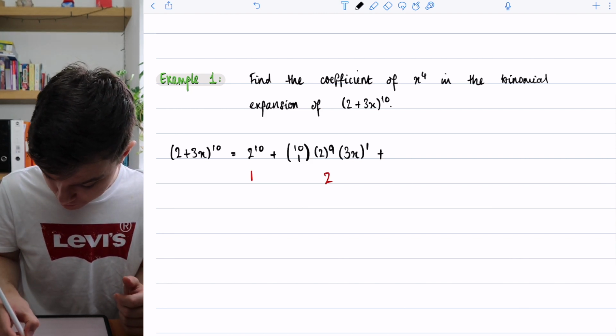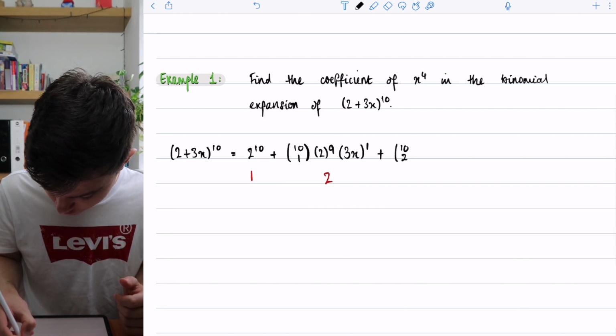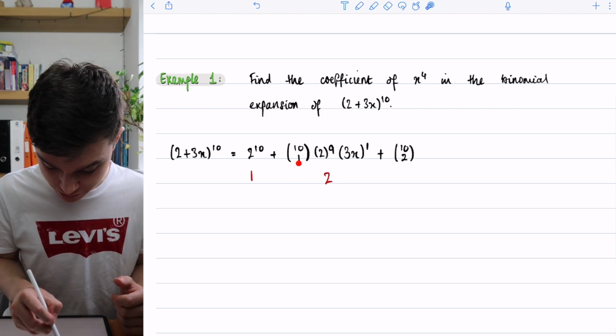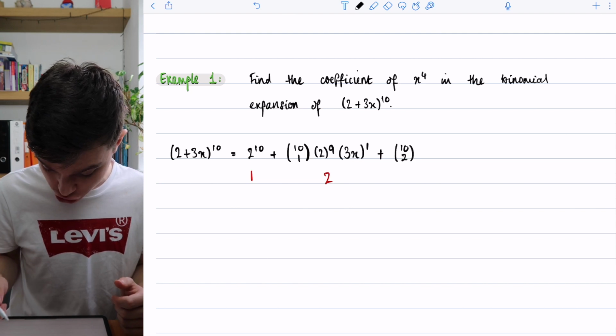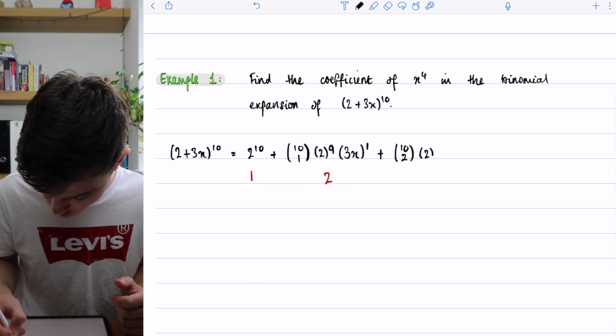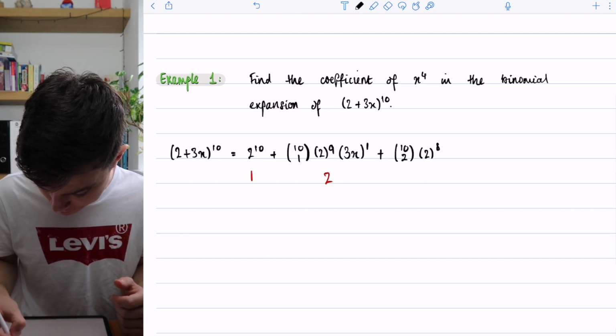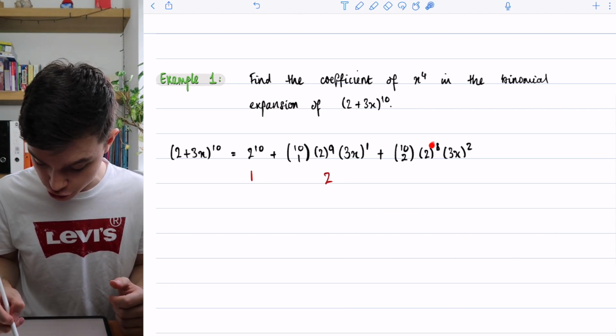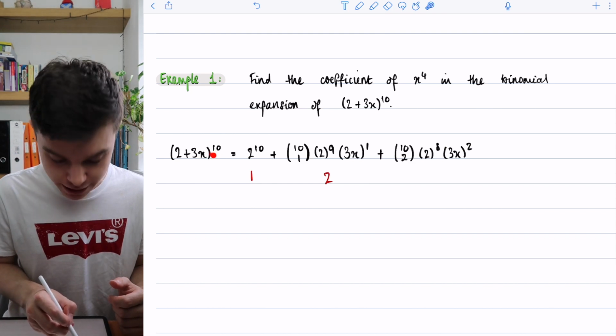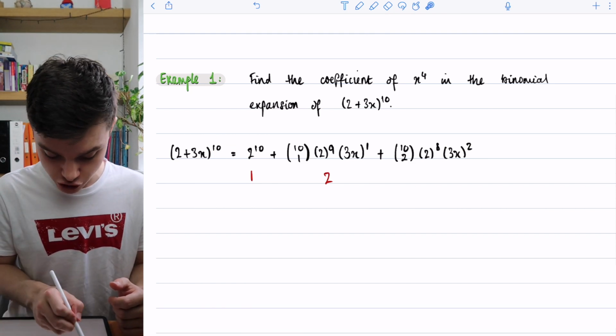The next term is going to be my combination, so we increase the r value by 1 and get 10 choose 2, then we have 2 to the 8, we reduce that power, and then 3x squared. Again, we want these two powers to add to give me the power on the bracket. 8 plus 2 gives me 10.